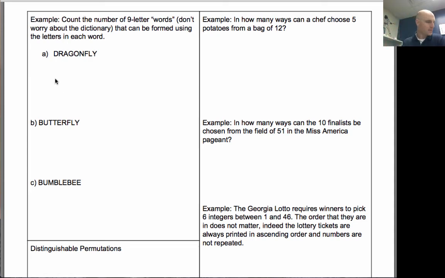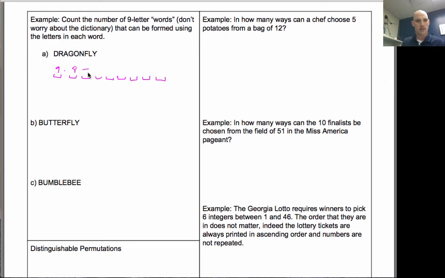So it's 9 bins, right? 2, 3, 4, 5, 6, 7, 8, 9. Think about this for a second. It's like Scrabble. You've got all the tiles in a little bag. You pull one out. How many options did you have? You had 9. Then that one's already been used. So how many do you have when you reach back into the bag?